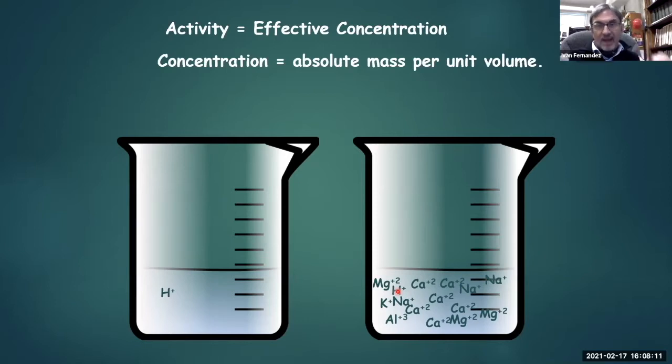We still have the same absolute amount of hydrogen, but the activity would be slightly less, because the activity is what we refer to as the effective concentration. In other words, in chemical reactions and for plant roots and for microbes, what they can see as far as the amount of any ion that's there, a nutrient, hydrogen, is truly a function of the activity, not the concentration.